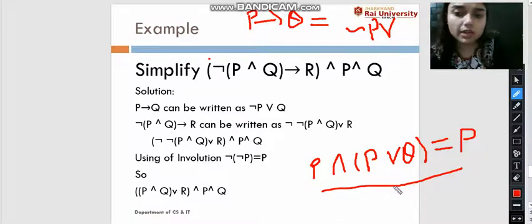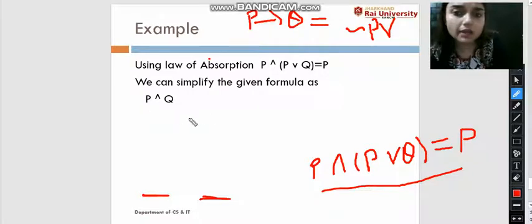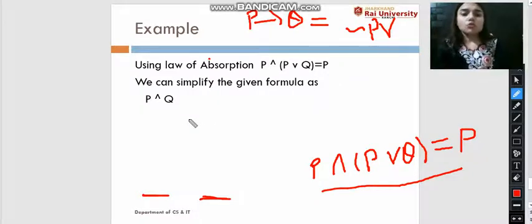We have (P and Q) or R, and P and Q. Here we have P and Q, and here we have P and Q. So this formula is simply written as P and Q. So all these laws can be used to simplify the given formula.